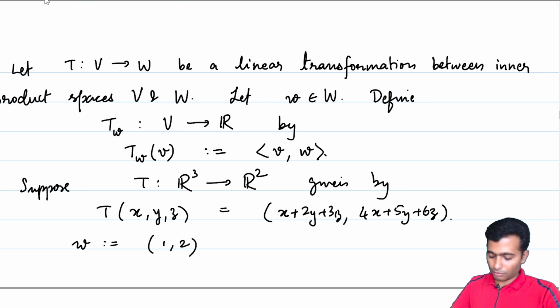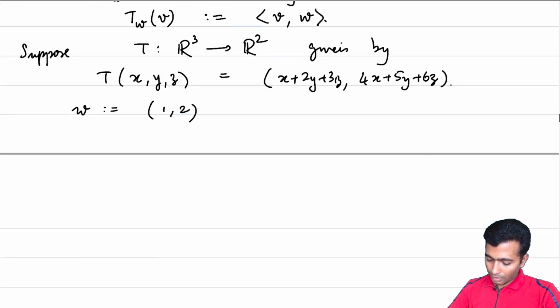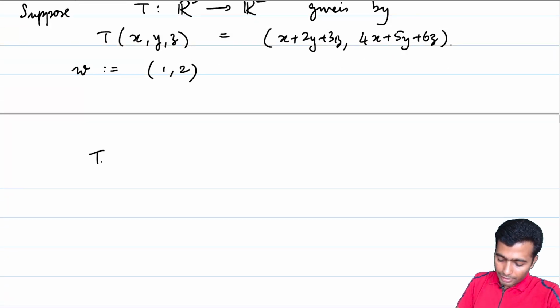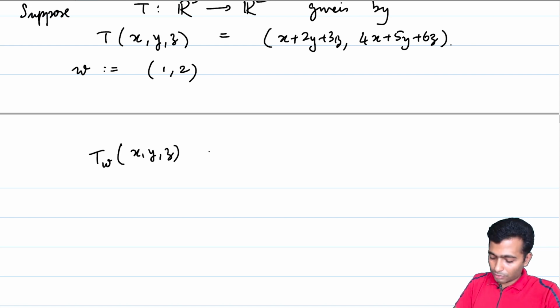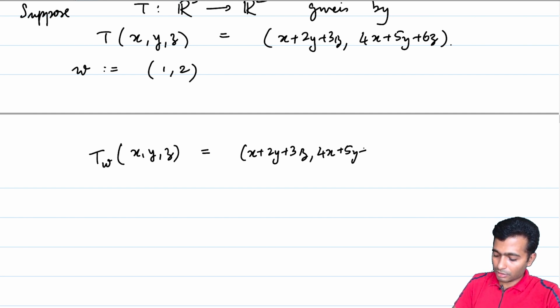So fix one such vector (1, 2) in the target, which is R2, and let's define T_w of (x, y, z). What was this? This was basically the inner product of T of (x, y, z), so basically that is the vector (x plus 2y plus 3z, 4x plus 5y plus 6z).